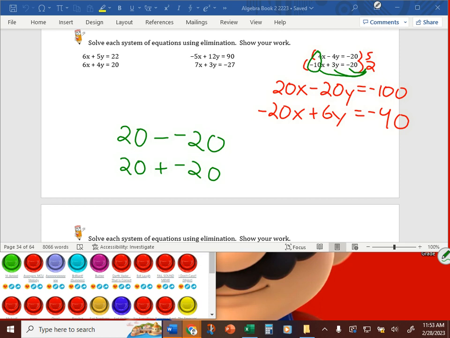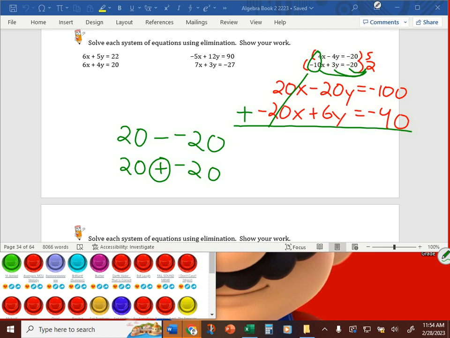Plus, right? 20 minus negative 20 equals 40. In this case, the first 2 we subtracted. In this case, I need to add, because 20 plus negative 20 is what causes these to cancel out. Okay? So you've got to think about what operation gets me to 0.